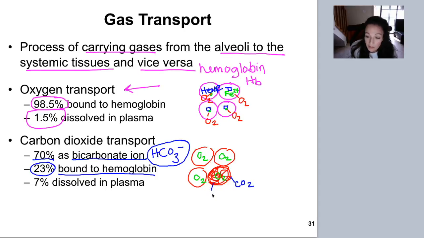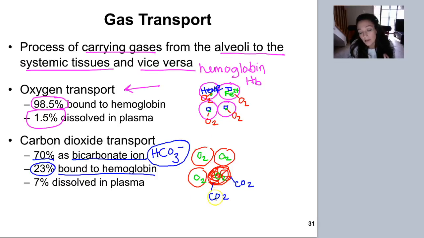Some of the amino acids in the globin chains, in those polypeptide chains, actually can support the binding of carbon dioxide. And those sites are different than the binding site for oxygen. So carbon dioxide and oxygen are not directly competing for binding to this little heme group in the middle here.